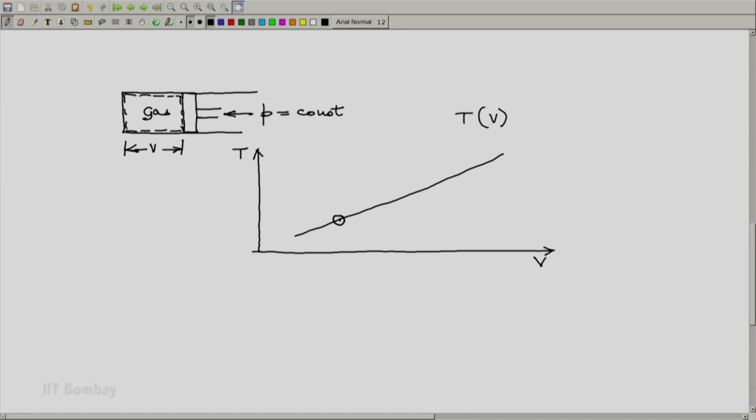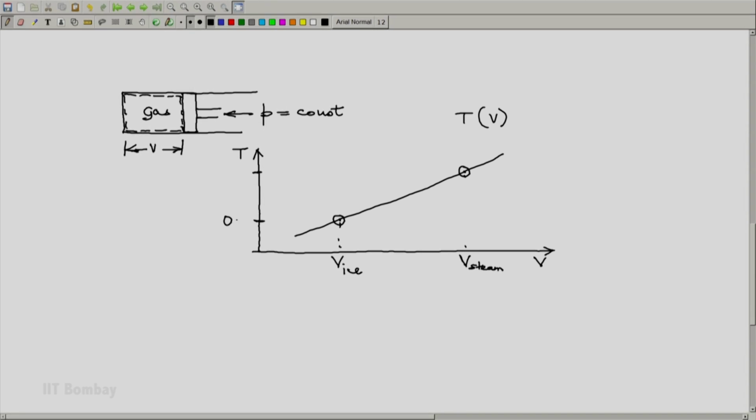So let us say this would be the state at the ice point, this could be the state at the steam point, and then this would be V at the steam point, this is the V or volume at the ice point. We can define, for example, a Celsius scale based on this.